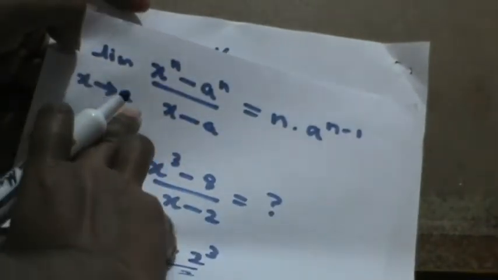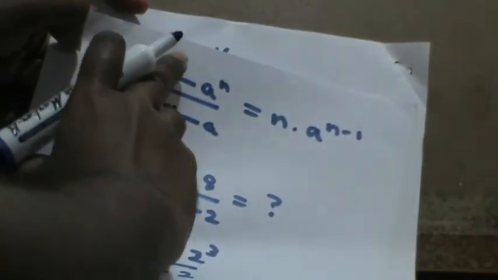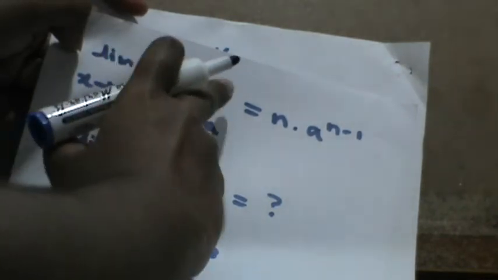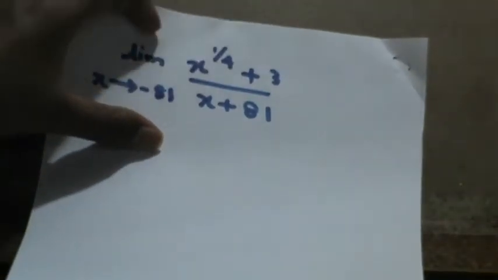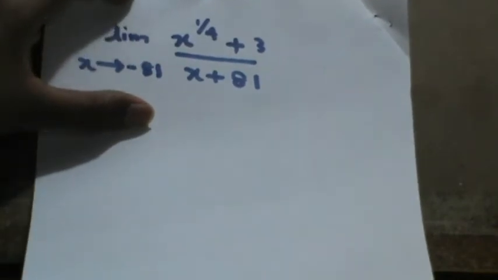When x goes to a, the limit of x to the power n minus a to the power n, divided by x minus a, is equal to n times a to the power n minus 1. So we have to make this into that order. First of all, we have to arrange it if it is not arranged.